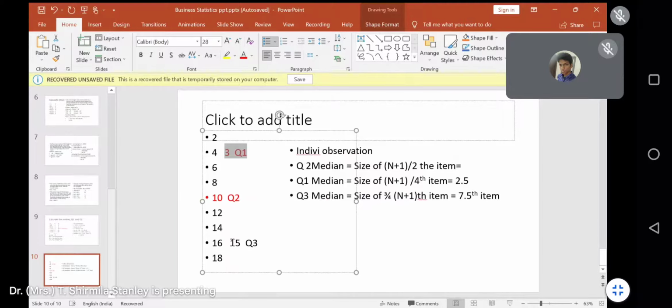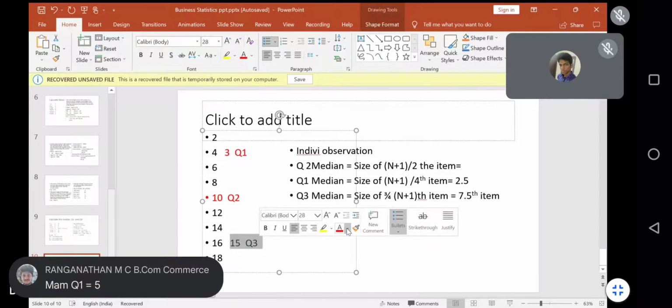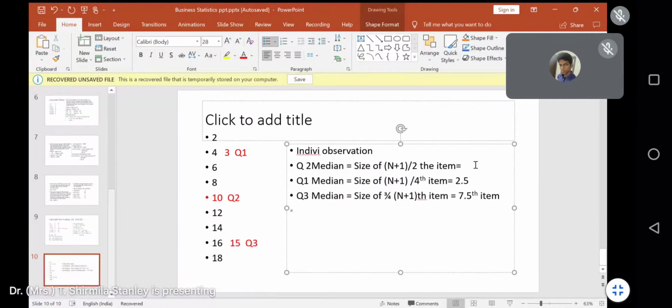Ma'am, for Q1, 2.5th term, shouldn't it be 4 plus 6 divided by 2? Q1 is 5, ma'am? Like between 2 and 3?